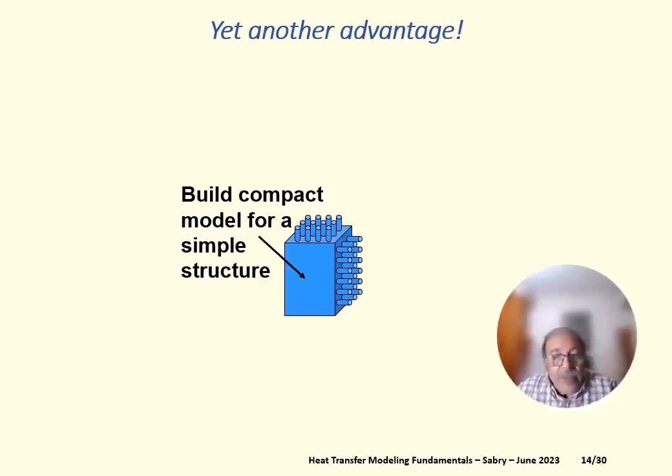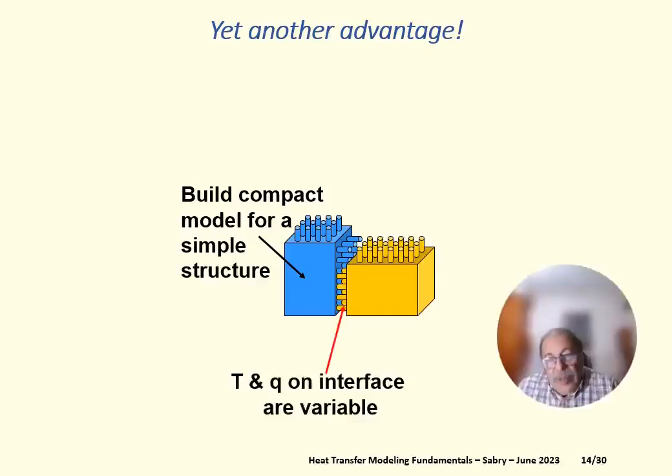I can obtain this compact model using our approach, where temperature and heat fluxes can be variable on each face. And then I get another object and I join them together. Joining them together is very simple using our approach because we don't assume that at the interface we have uniform heat flux or uniform temperature or whatever. They are variable, which is the real case.